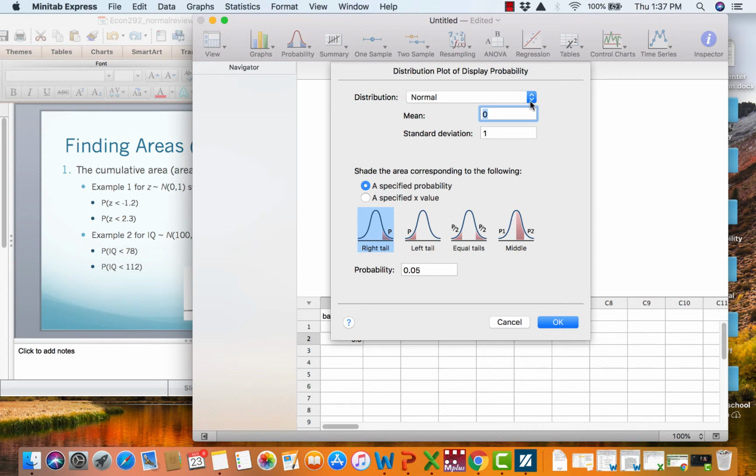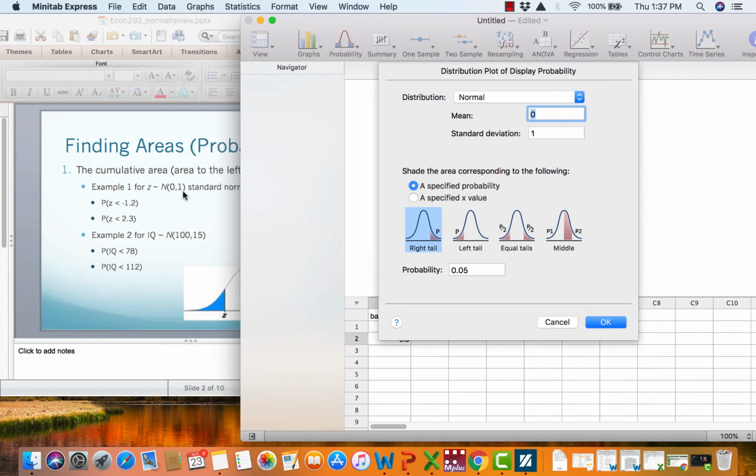Once you have normal distribution selected, you need to put in the mean and standard deviation for that particular normal distribution. As you can see, we're doing the standard normal, which is the default, a mean of 0 and a standard deviation of 1. So we can leave the mean and standard deviation alone.